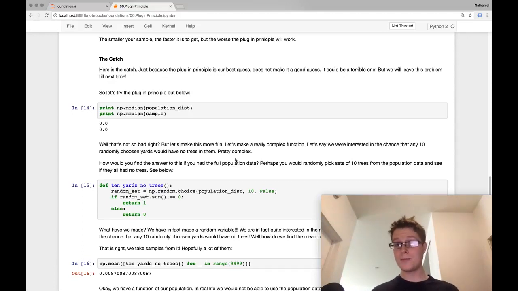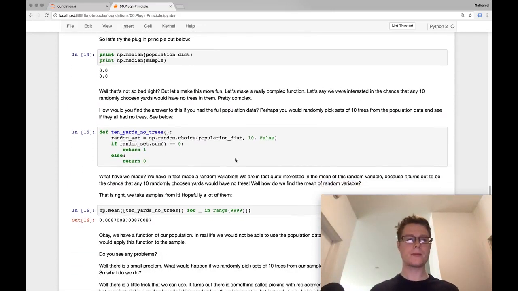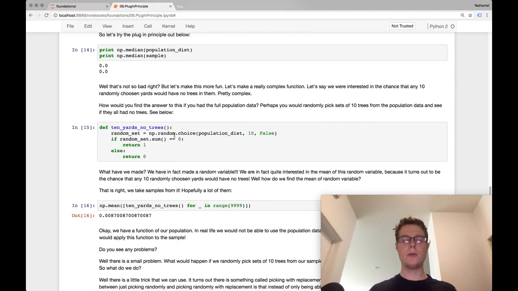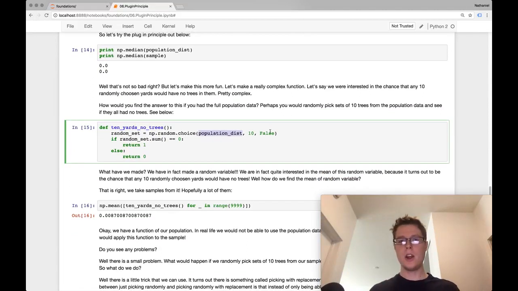So what is this? This is a function of our population. It's actually a random variable of our population because we randomly sample things and we return a number. So let's write that random variable down. We take our population and sample 10 backyards from it. We get this random set and see if it contains no trees.